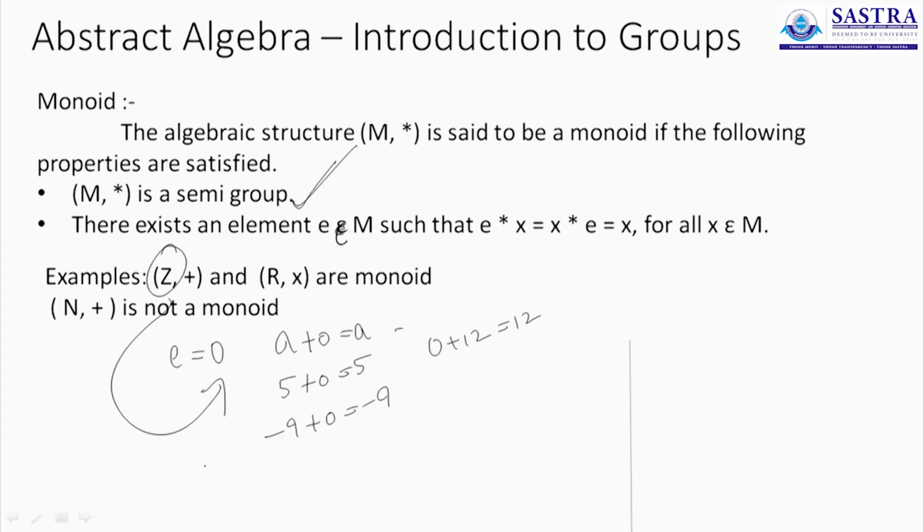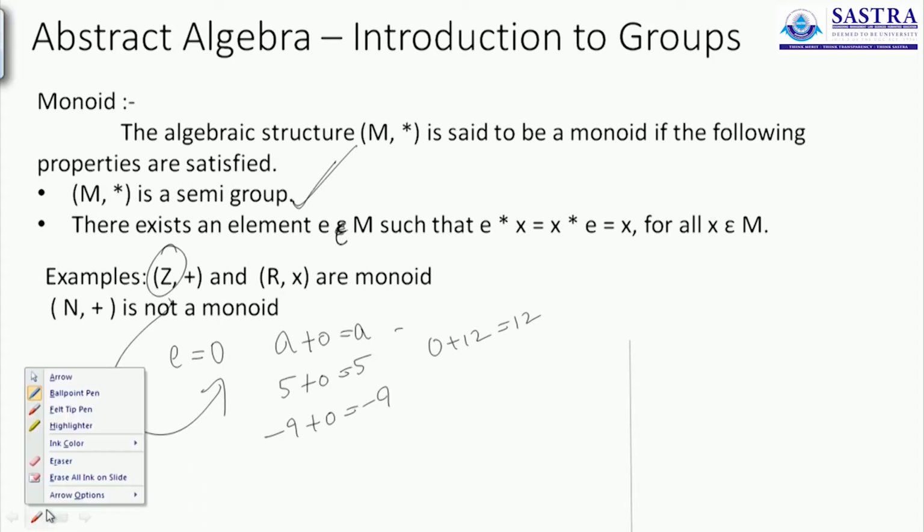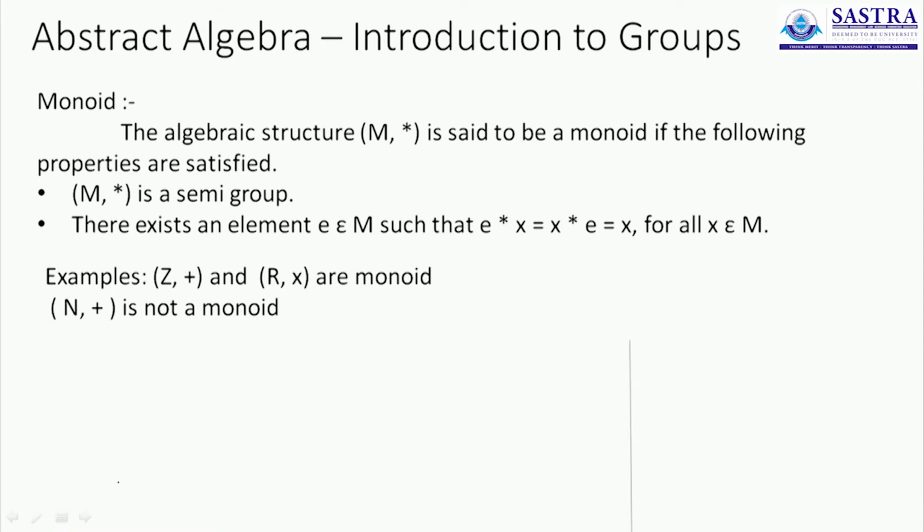Similarly, the set of all real numbers has its own special element. Because we are doing the operation of multiplication, you can see that the special element here is 1. Any real number, say 2, multiplied with 1 is returned, and be it in any order. 1 times 2 is also 2.